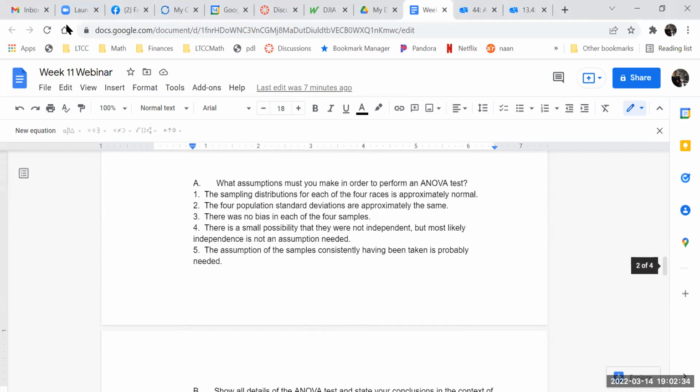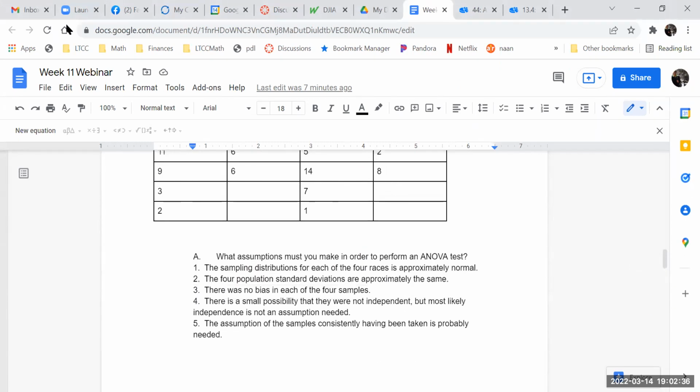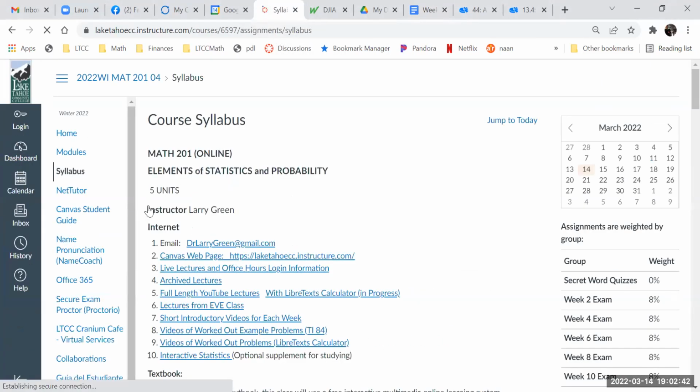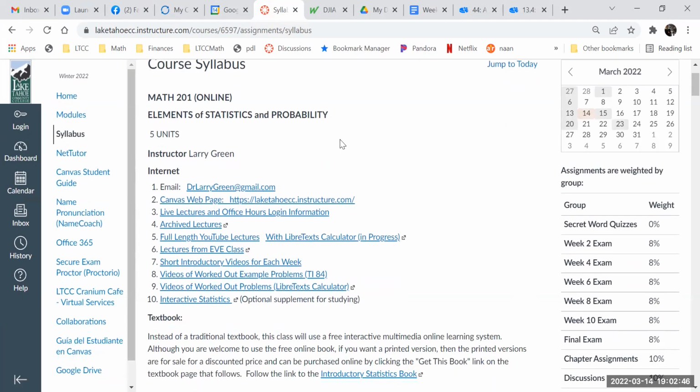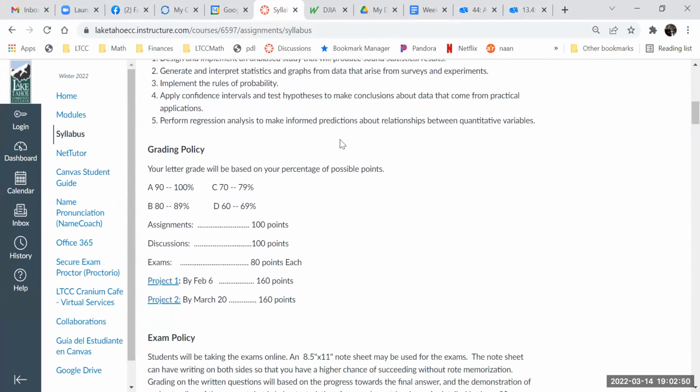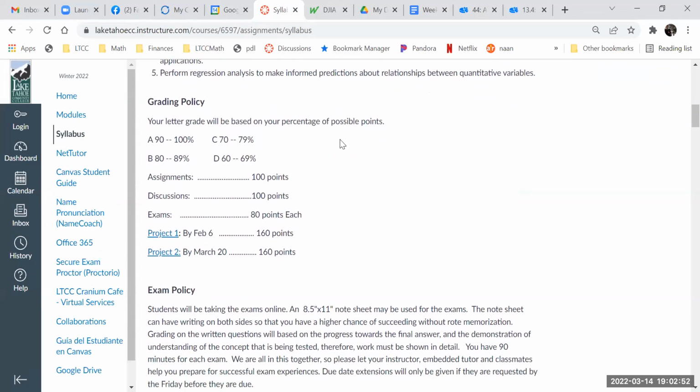Okay, I want to remind you about the course. This is my first time ever doing it this way. I'm trying something new, and it seems like I haven't had any complaints yet. We actually don't have a regular final exam in this class. Even though I call it a final exam, every exam is worth 80 points.